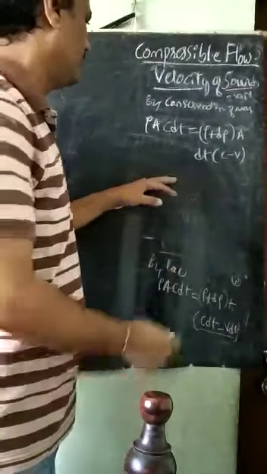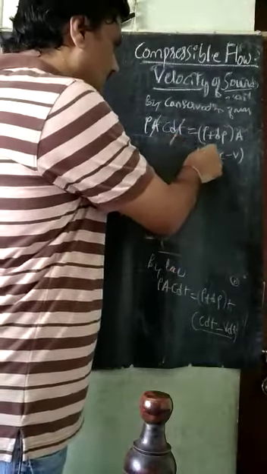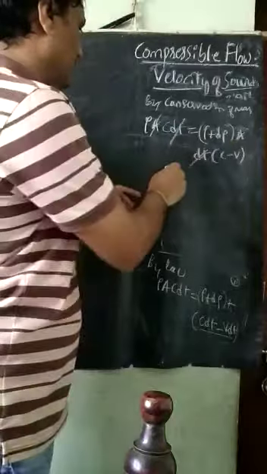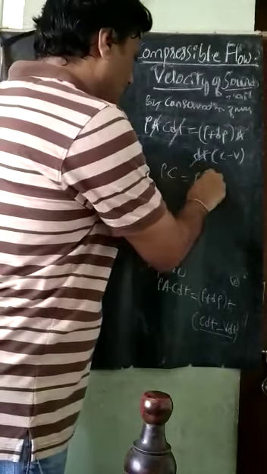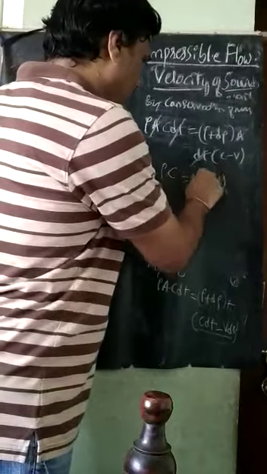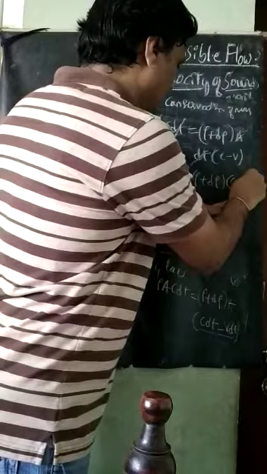So a into dt on both sides gets cancelled. It is rho c is equal to rho plus d rho, in the bracket c minus v.